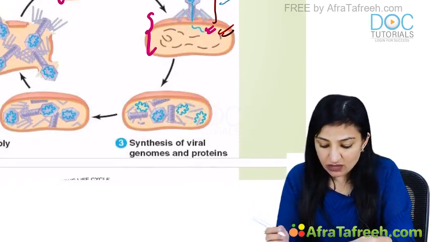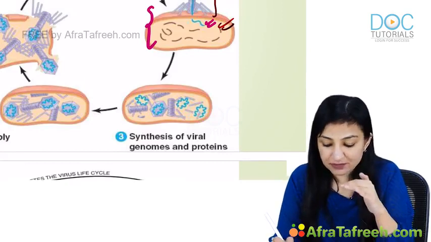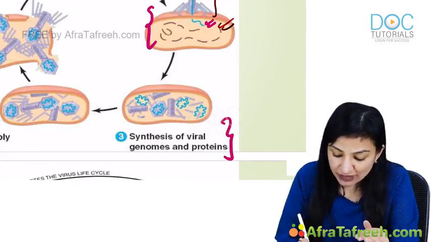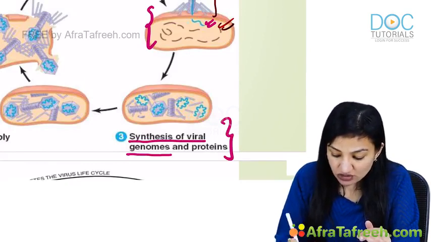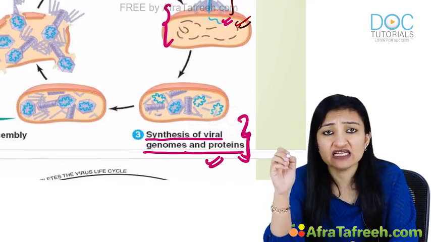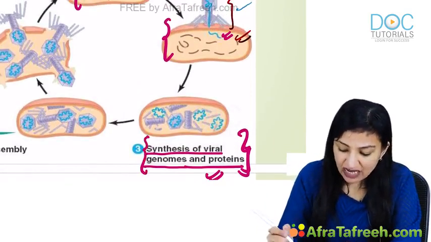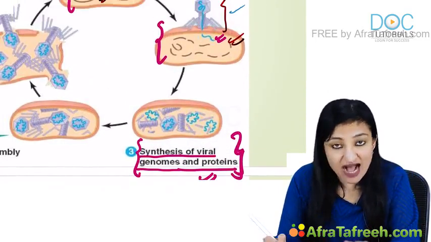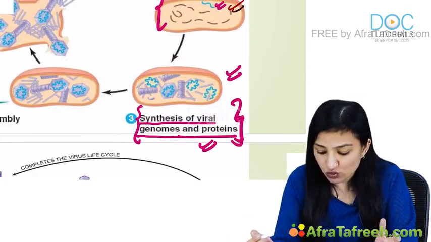So when the phage DNA enters inside this bacterial cell, it is going to manipulate the bacteria to synthesize its own genome and proteins. Bacteria are not going to like the entry of this phage DNA into the bacterial cell, but the bacteria cannot do much about it.